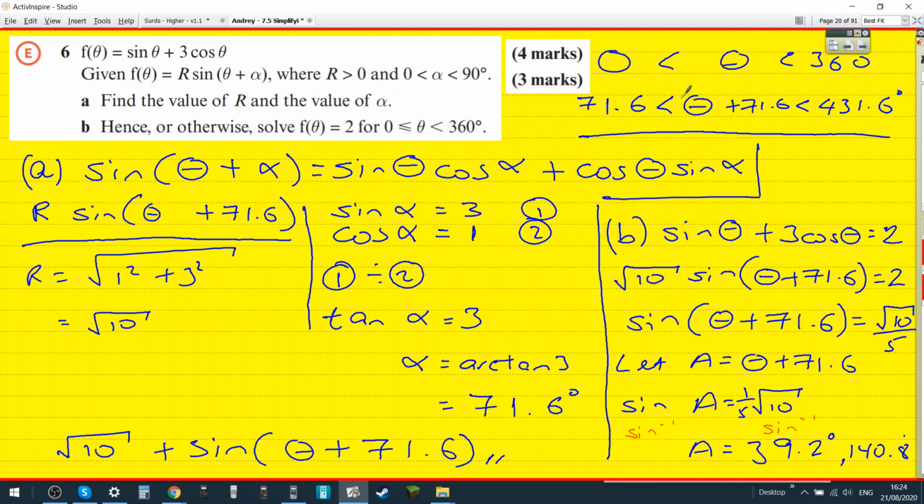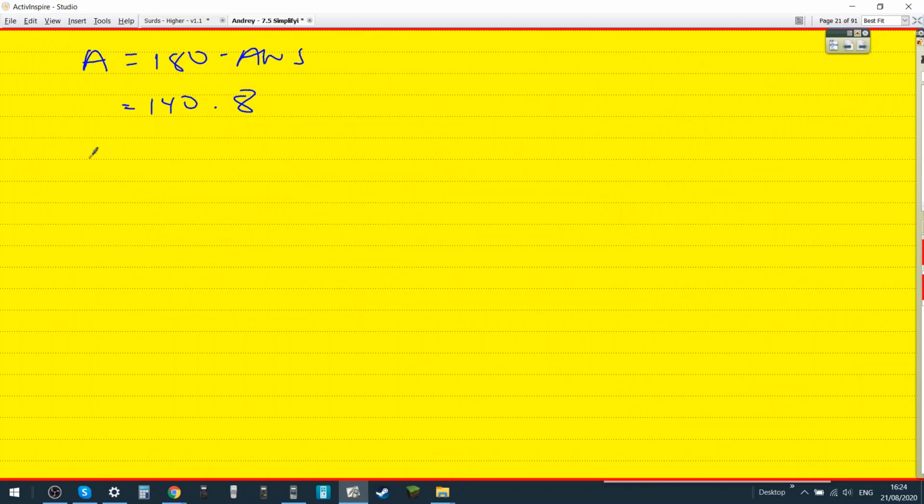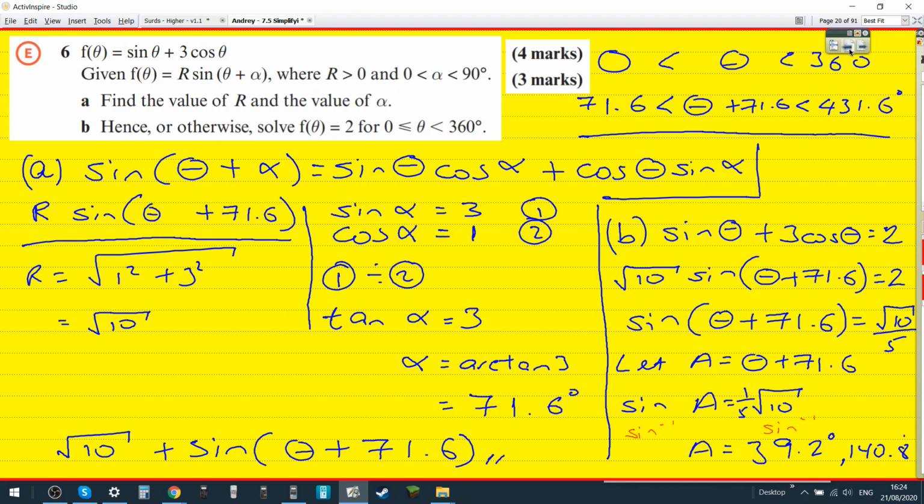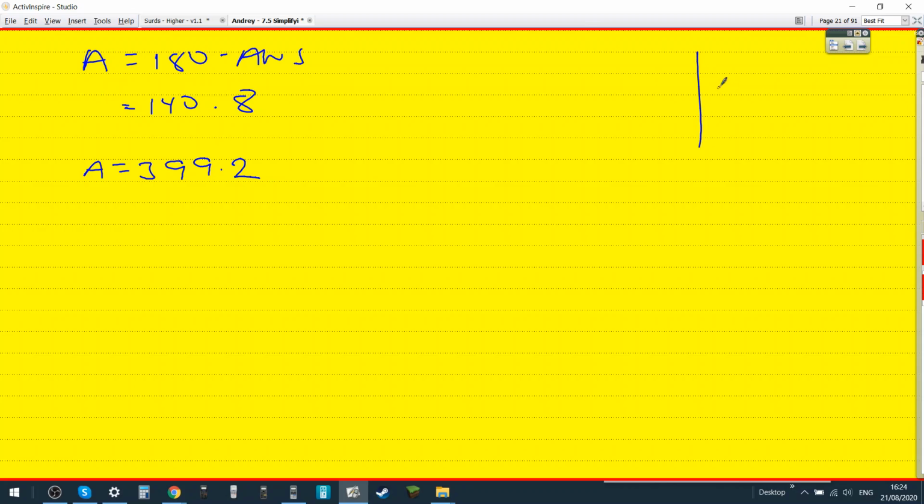And that would be 399.2. So those two are in the range. Yeah. And so what is next? Solve for theta. Yep.